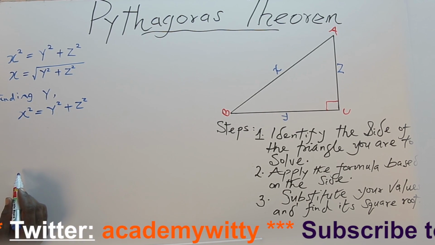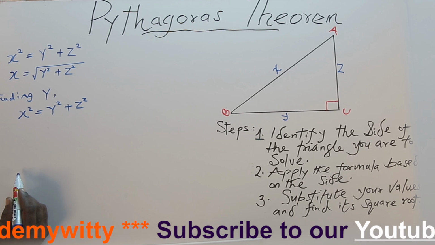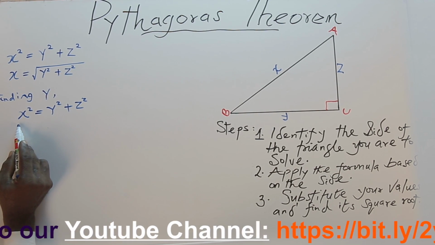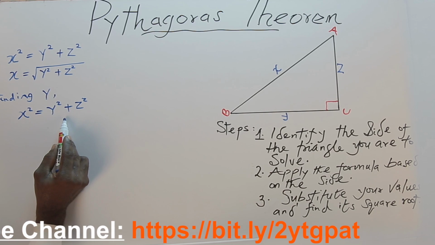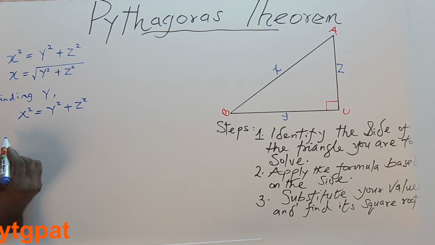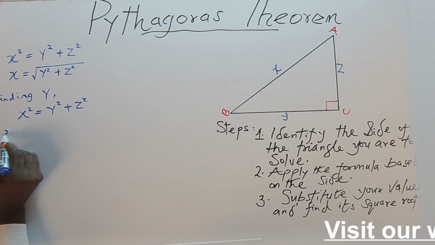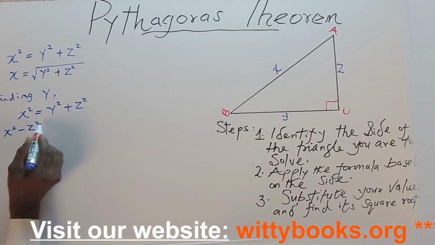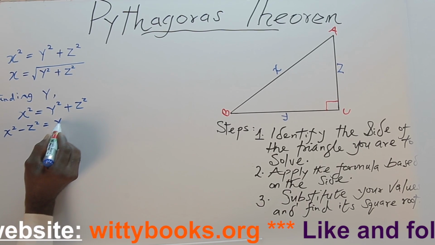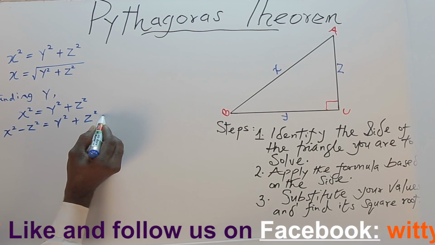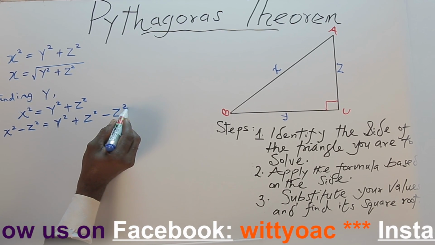Now, to make Y squared the subject of the formula, we'll subtract Z squared from the left hand side of the equation and also the right hand side of the equation. To do that, we'll have X squared minus Z squared equals Y squared plus Z squared minus Z squared.